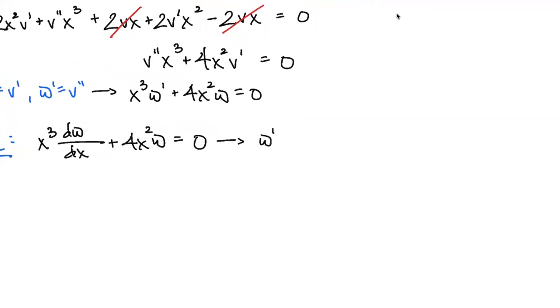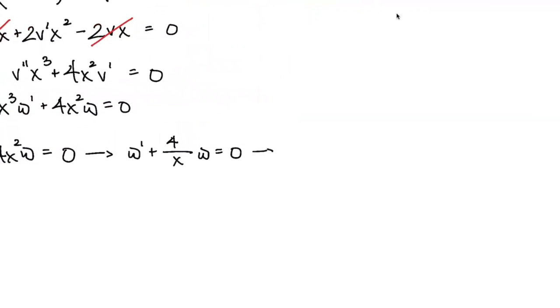So we get w prime plus 4 over x, w equals 0. And what we can do that way is now find our multiplying factor. And what does that get us?